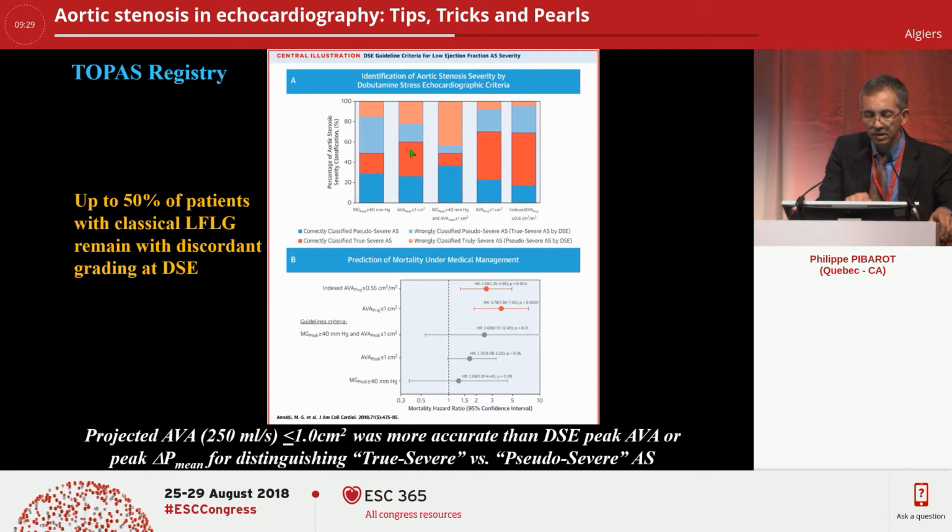It's a little bit better with the peak stress valve area measured during dobutamine less than 1, where we get a bit less than 60% accuracy. And it is substantially better if you use the projected valve area at normal flow rate, which is a new parameter that we'll comment on in the next slide.